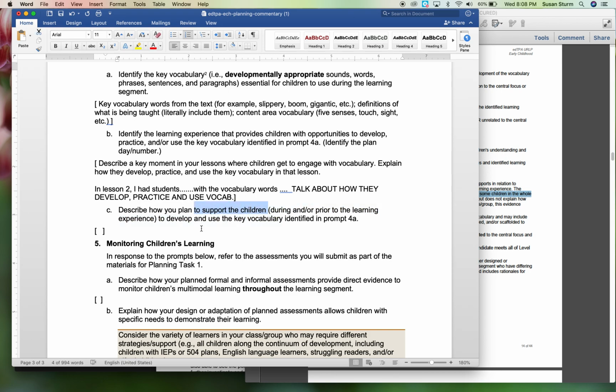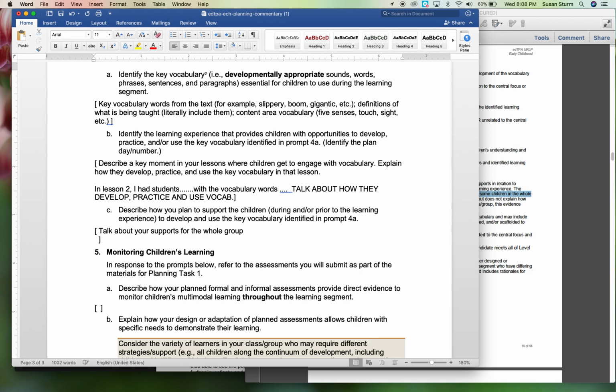So a really good option here, so this is talk about your supports for the whole group. Talk about your supports for individual students.